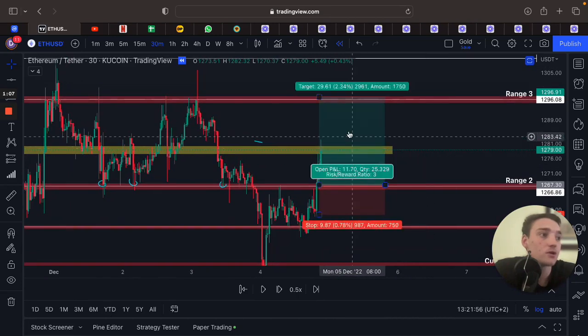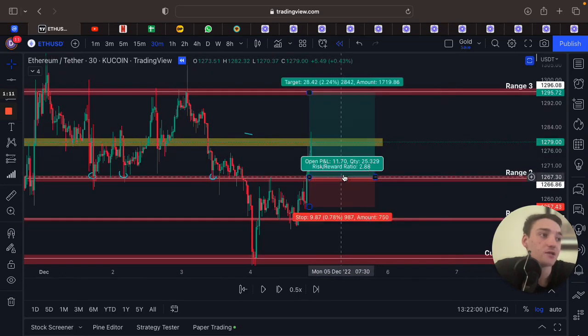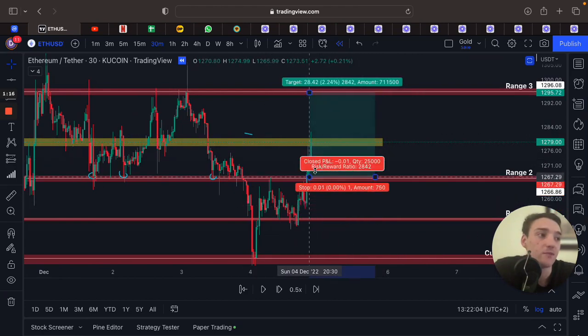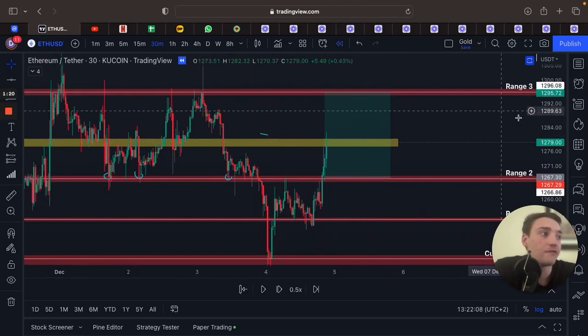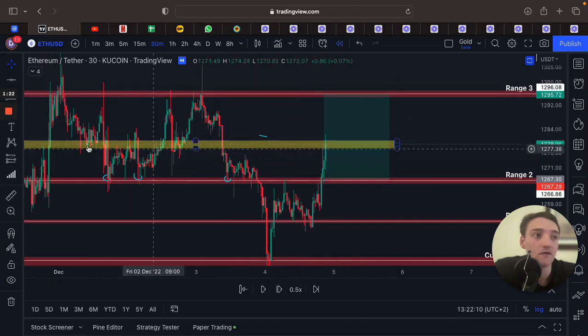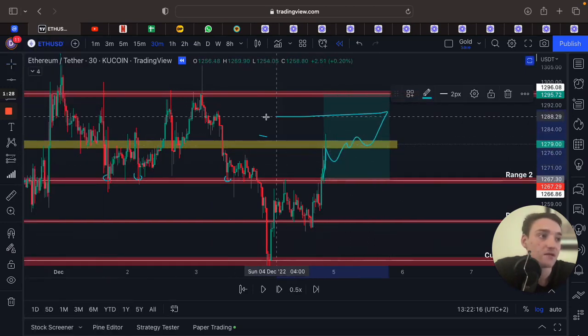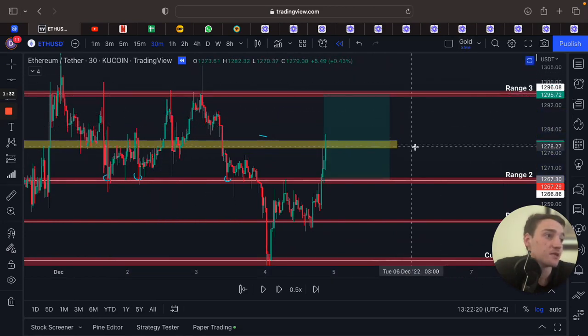So this also could be a good place to take profits, unless you want to ride this. You can make this risk free by putting your stop loss to break even, because you don't want to be greedy and wait for a range 3, because there's quite a lot of work that needs to be done here. This zone is very big.